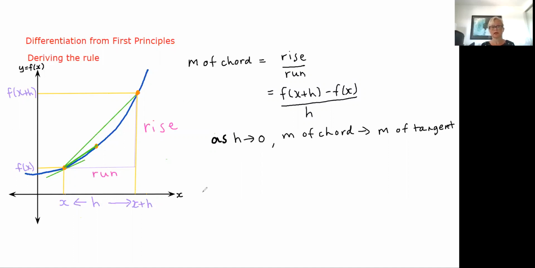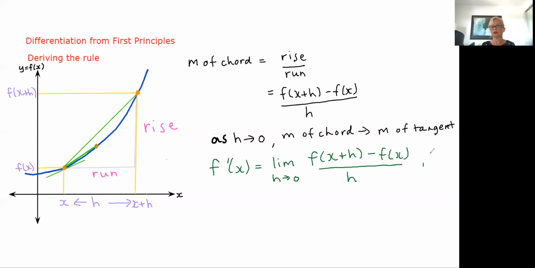So what we're really saying is f dash x is the limit as h tends towards 0 of this expression here, f of x plus h minus f of x all over h.